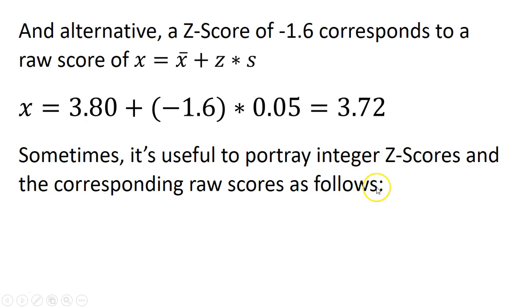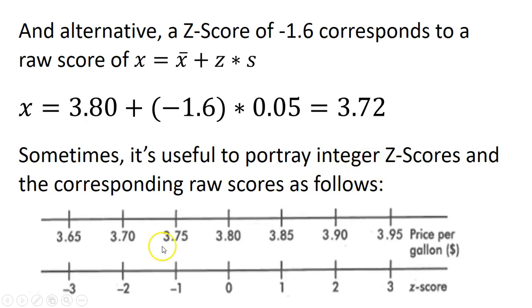Sometimes it's useful to portray integer z-scores and the corresponding raw scores as follows. So just so you can see both and compare them and say, here's the mean at 0, which is what you're going to find out when we rewrite everything in terms of a normal distribution, and we start using our z-scores.